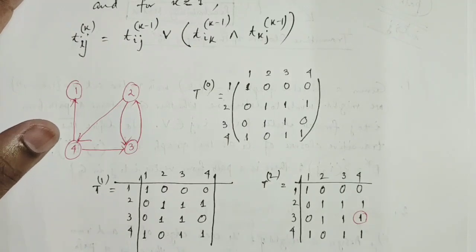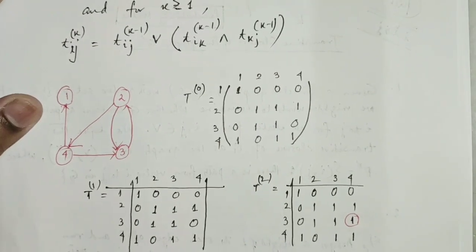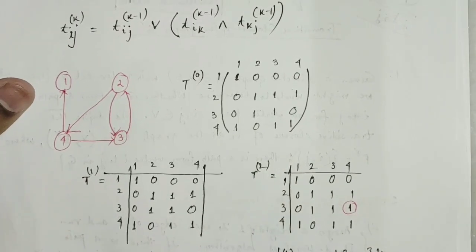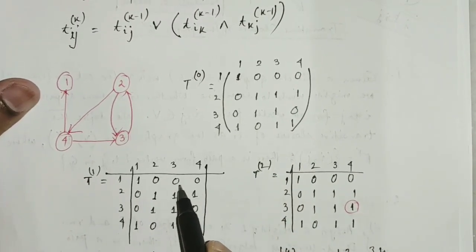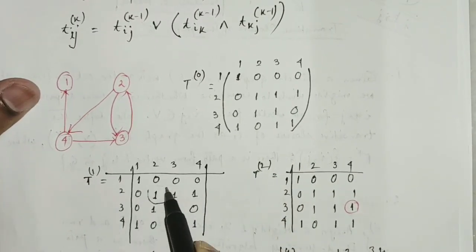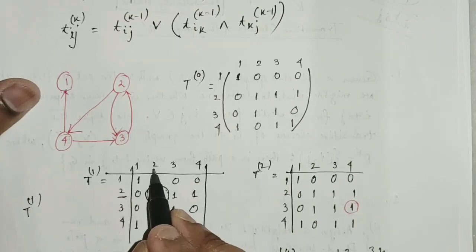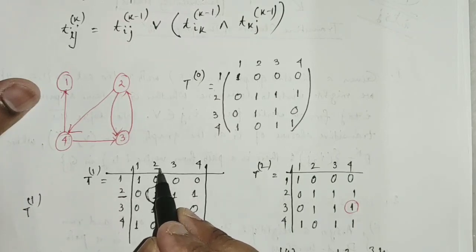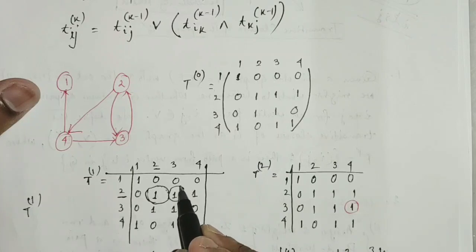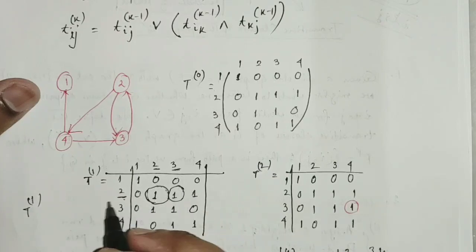So one calculation, if I calculate here, that would be more clear. Take this value. How is it coming? It is basically T1 of row number 2, column number 3.